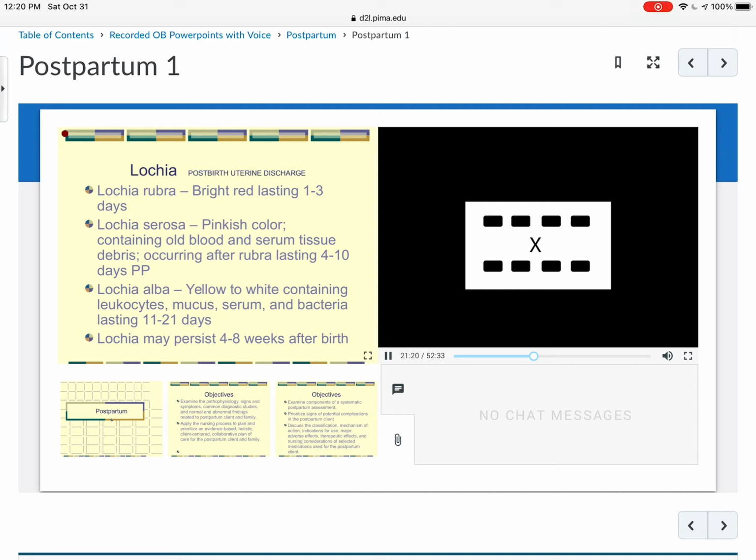Sometimes with that bright red, we may see some small clots initially, and they should decrease. And if there are large clots, it could be a problem where they need massage and maybe that they're bleeding too much. But it's very important to assess where the fundus is and also the lochia as far as what color we need to chart. Of course, in the hospital, it's going to be lochia rubra and also the amount.